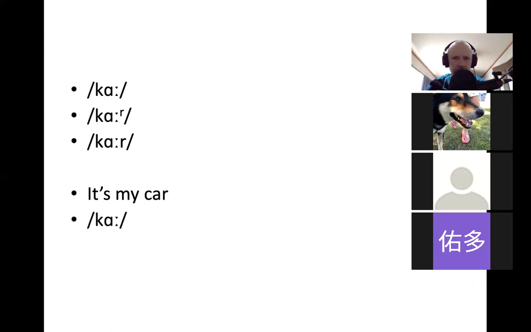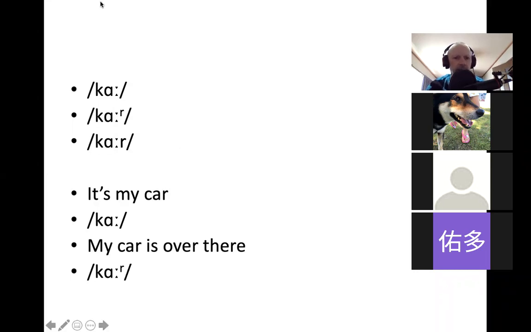It's my car. My car is over there. Car. My car is over there. Okay, so you should be able to hear the difference there. And so there's a difference there between British English and American English. So US, it's my car.